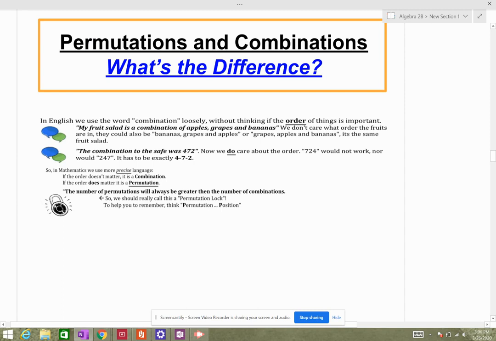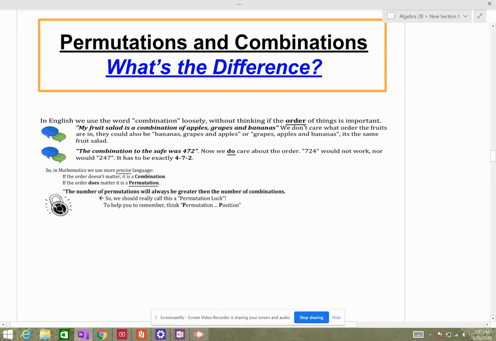Okay. However, a lot of times people use the word combination incorrectly when talking about passwords or locks. This says a combination to the safe was 472. In this case, we do care about the order. 472 would not work, 42724 would not work, nor would 247. This I like to associate with your idea of your PE lockers.